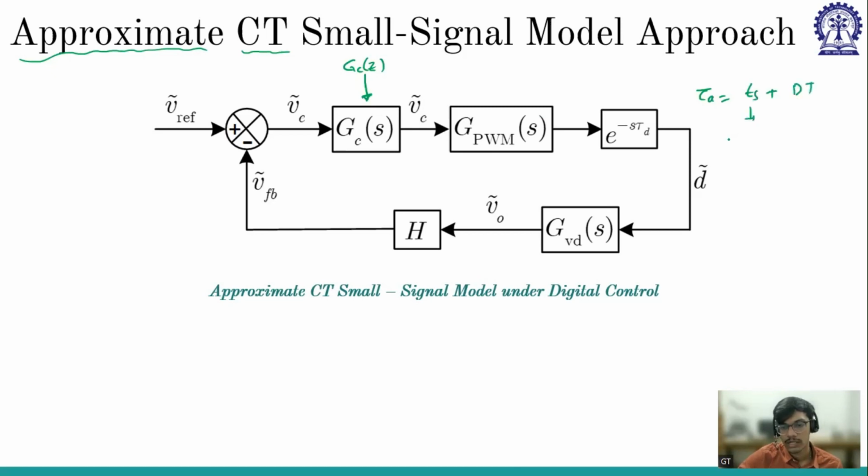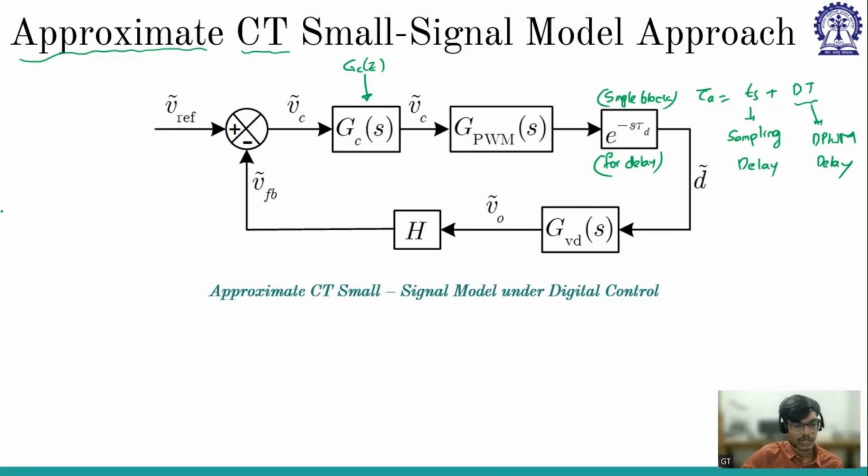So the entire total delay we have considered as e to the power s tau d. Whatever delay is available in the loop, we have merged into a single block. So the entire delay we have clubbed into a single block, and everything is in S domain.